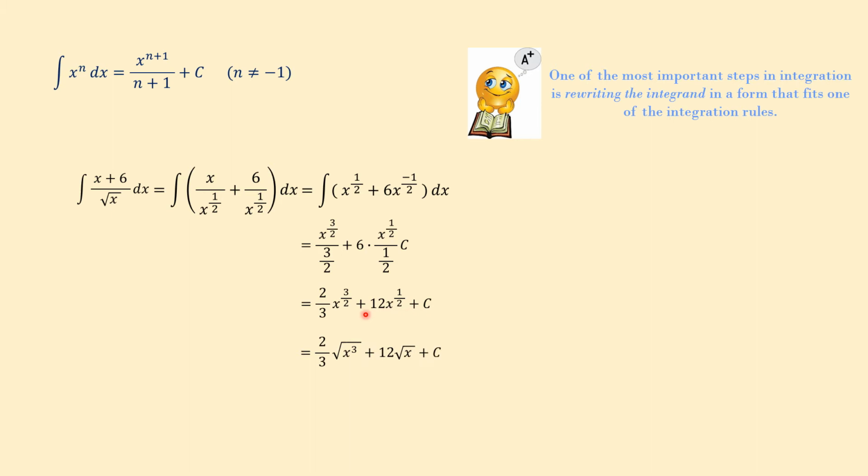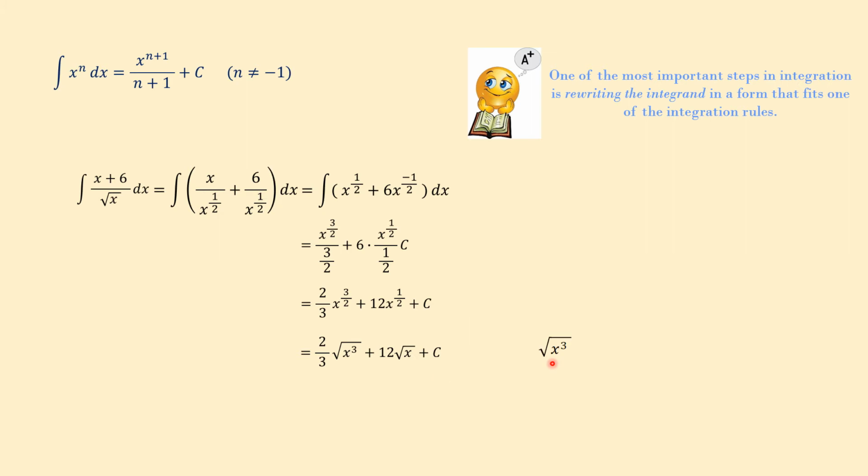If you want, you can rewrite your answer in radical form. X to the 3 over 2 is the square root of x to the 3. 3 is the power, and this 2 in denominator means the square root of the expression. X to the 1 over 2 can be written as a square root of x plus c.